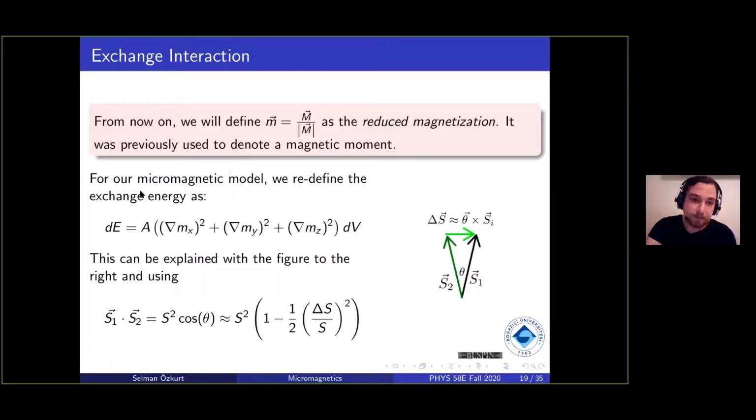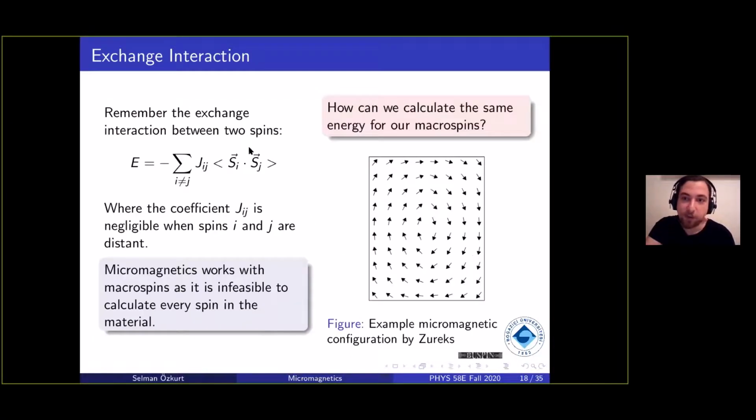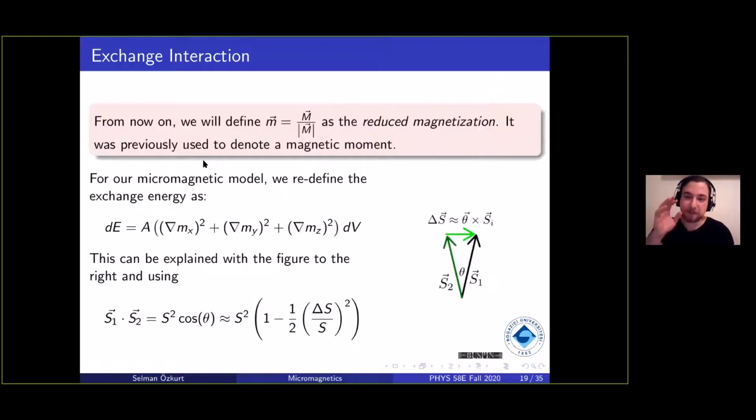And now we define the model as such, but it seems really unrelated to this equation here. In order to make a rather simple connection between these two, I drew this model here. Let's take two neighboring spins, S1 and S2 vectors, and try to calculate their exchange energy.